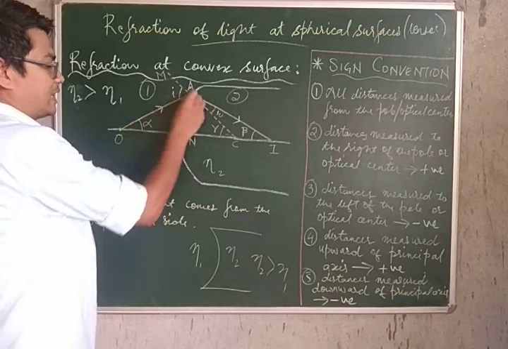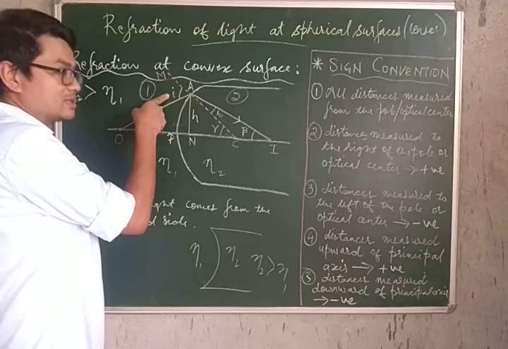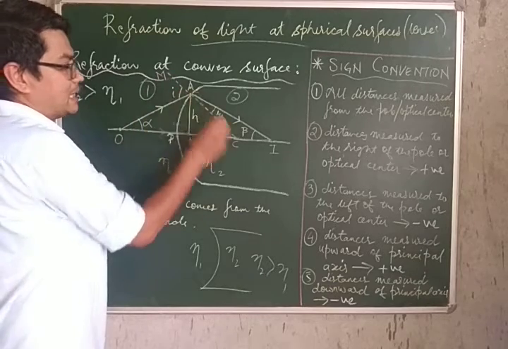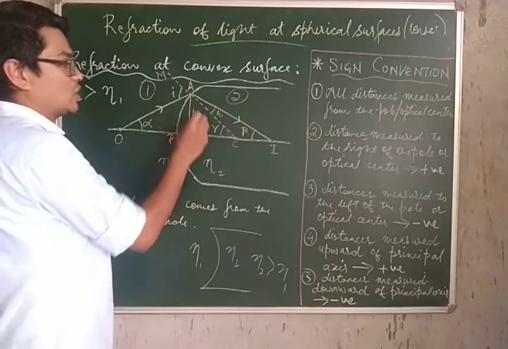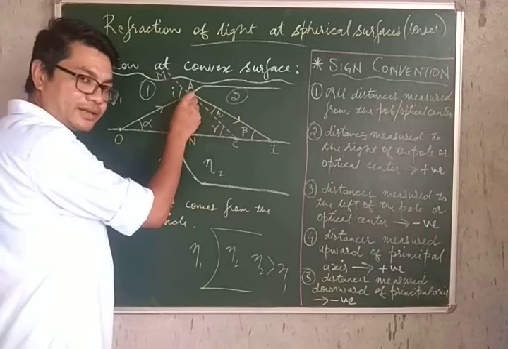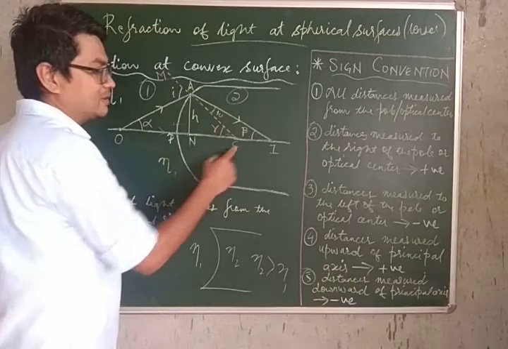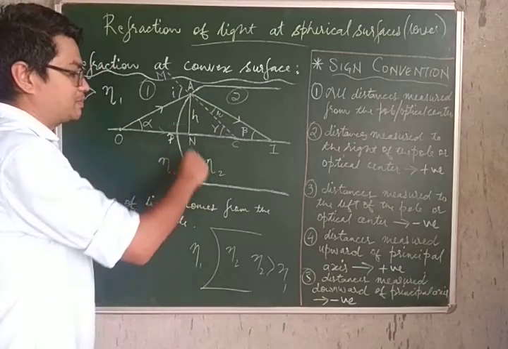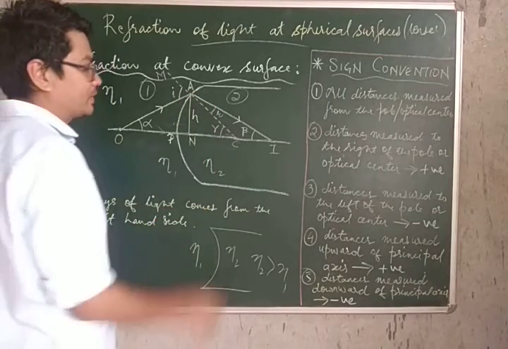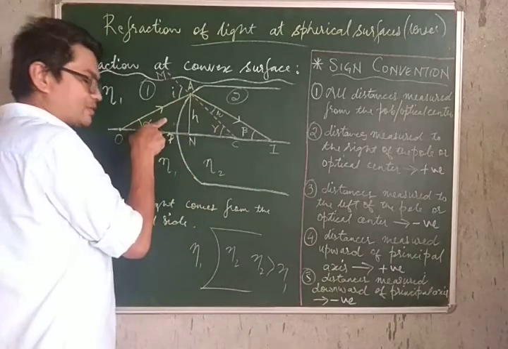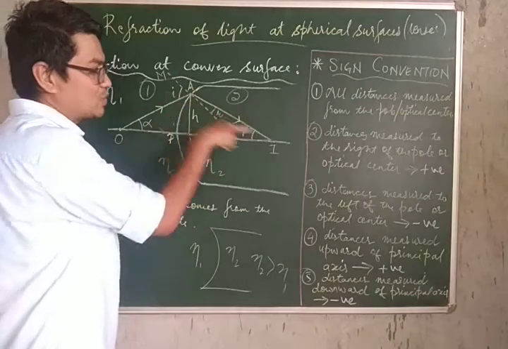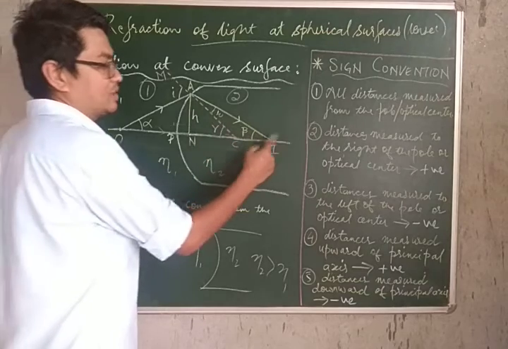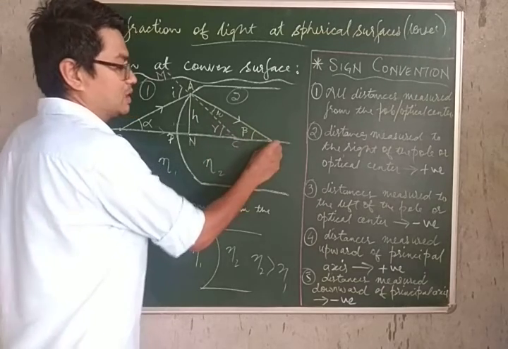Angle i is the angle of incidence, where MAC is the normal drawn to the surface at point A. C is the center of curvature, the center of this part of the sphere. Since the ray of light is coming from rarer to denser medium, it bends towards the normal, as you can see here, and your image I is formed at this particular point.